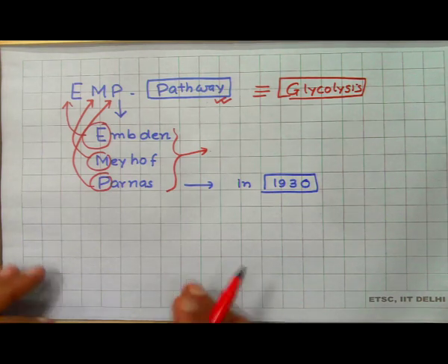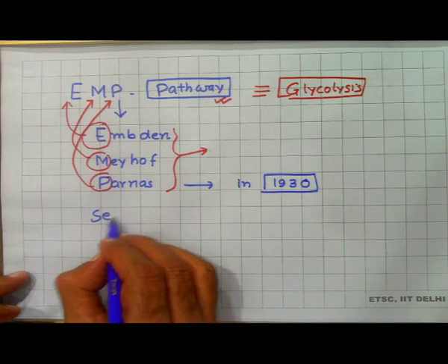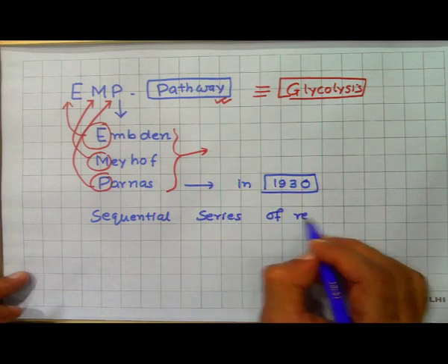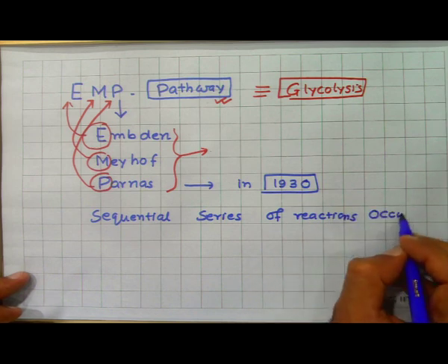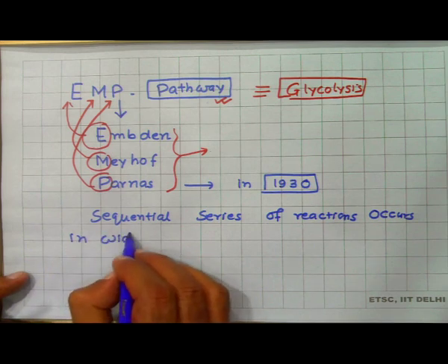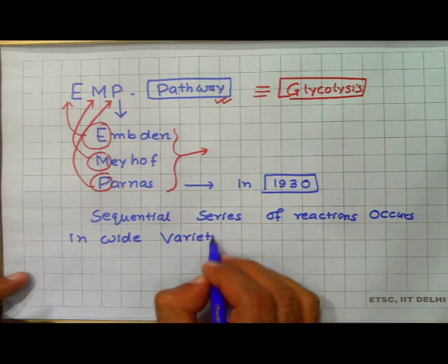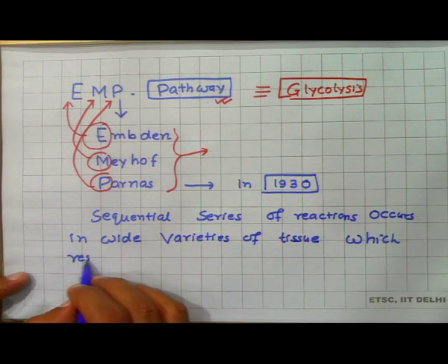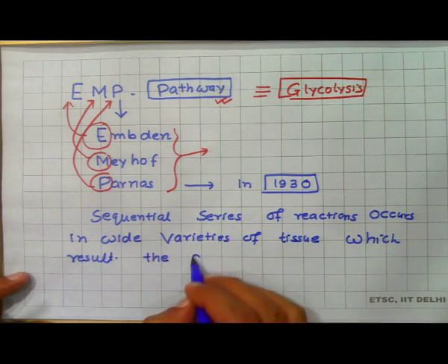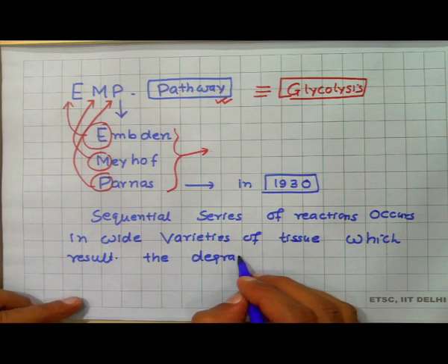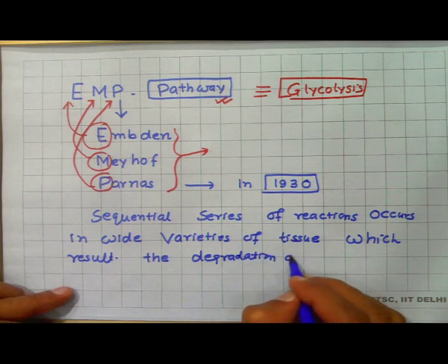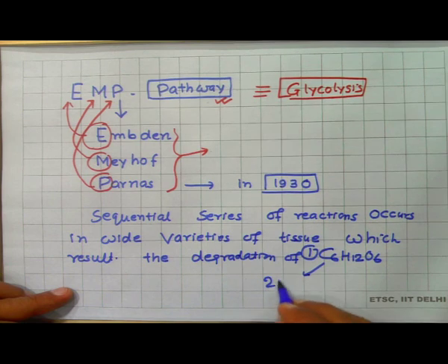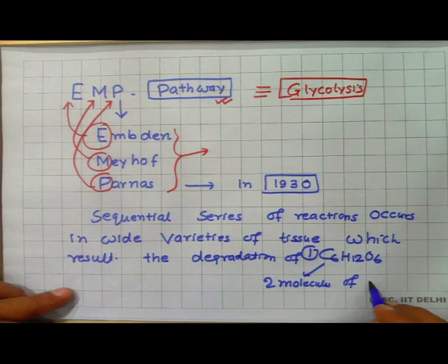Glycolysis we can define simply: it is a sequential series of reactions occurring in a wide variety of tissues, which results in the degradation of glucose, that is 1 molecule of glucose into 2 molecules of pyruvic acid.